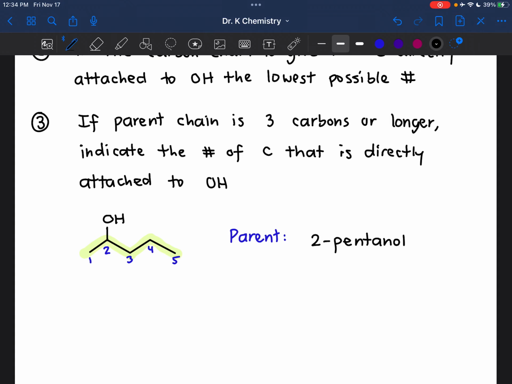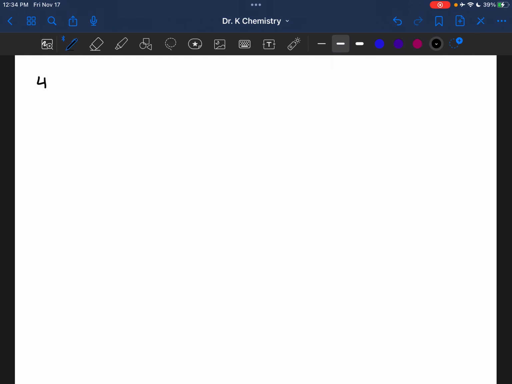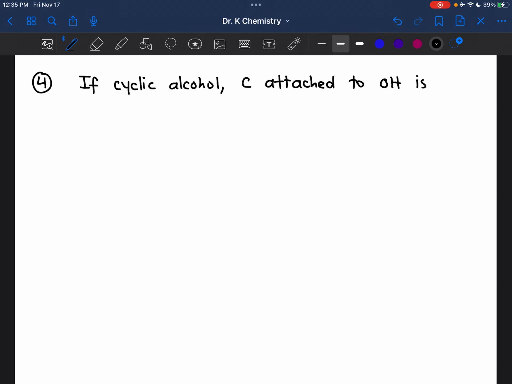The last scenario we will explore is if it is a cyclic alcohol. Then the carbon that is directly attached to the OH group is carbon 1. And then we're going to have the same rules as cycloalkanes.